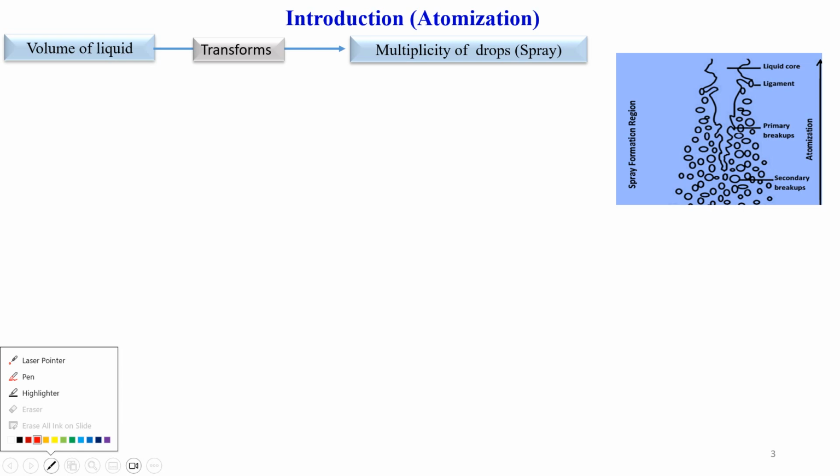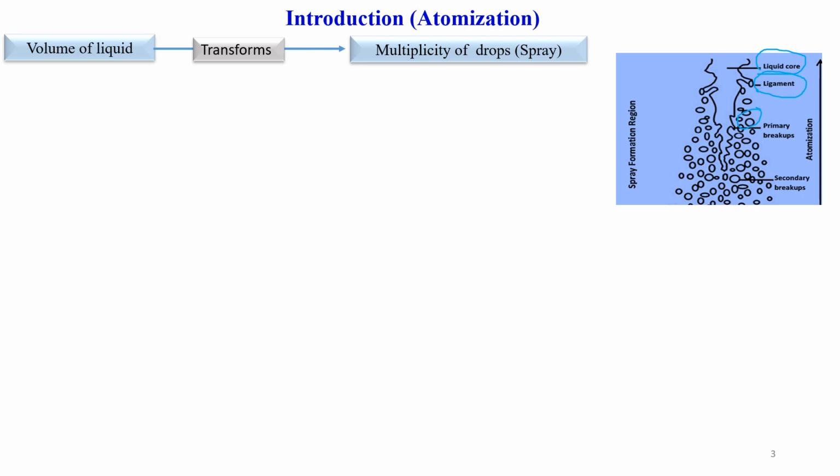Here, the liquid core breaks into bigger ligaments, then the bigger ligaments break into bigger droplets, whereas the further primary bigger droplets break into very fine droplets. This process is the secondary breakup.